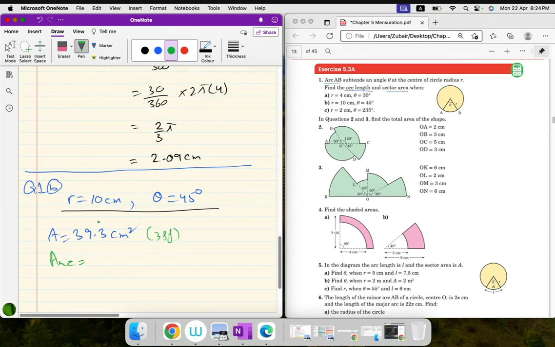Ali, do we have the same answer? Yes, sir. And the arc length, yes, right. So it will be 7.85 centimeters.